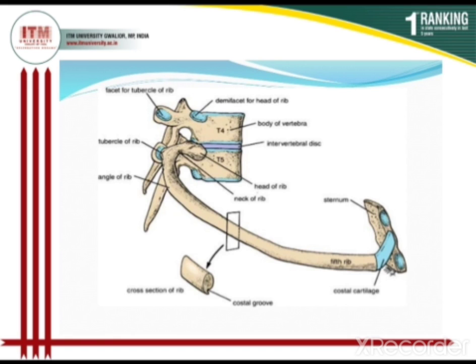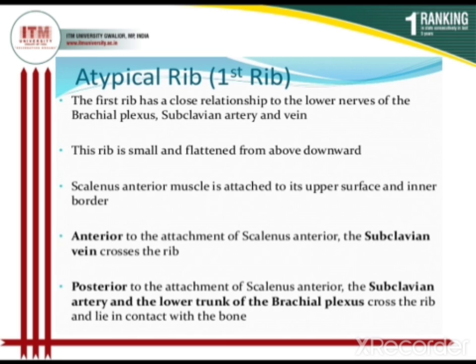Next, now we'll talk about the atypical ribs. The fourth rib has a close relationship to the lower nerves of the brachial plexus, the subclavian artery and vein. This rib is small and flattened from above downward.